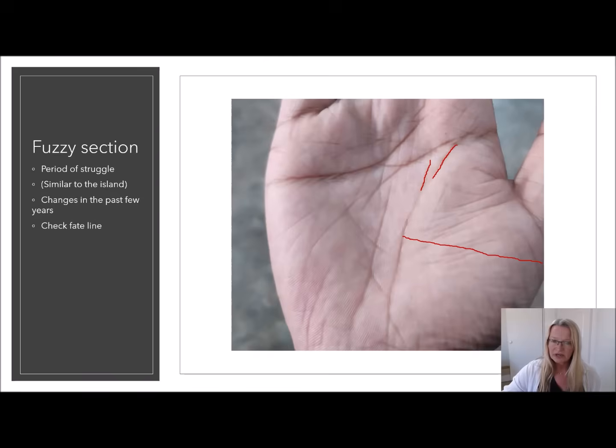Now, this area after that becomes all light looking and faded. That means that the following 10 or so years are probably not the way things used to be. It may be multiple things. I've seen this mark on a person who was imprisoned. While they were in prison, they were not doing a lot.